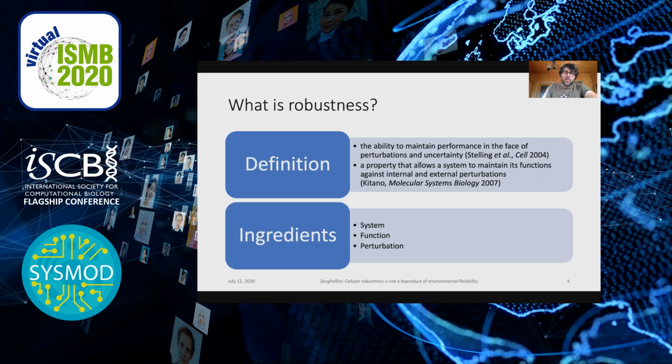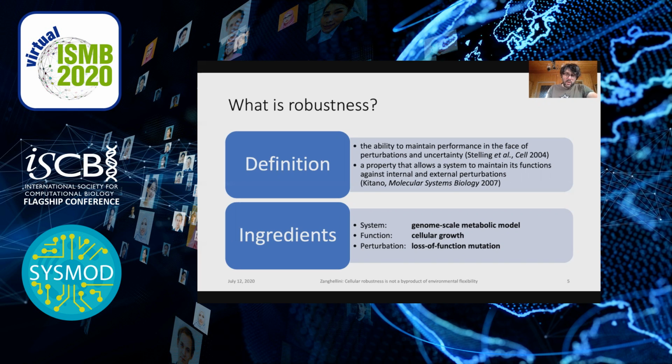So how do we model these three ingredients? For the course of this presentation, we're going to look at genome scale metabolic models of microbes, and those are the systems we analyze. With respect to the function, we are looking at cellular growth, which is the classical objective we use in flux balance analysis.